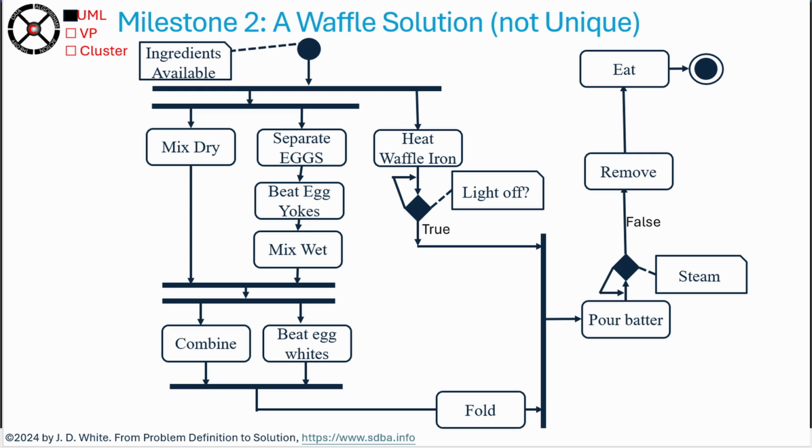Okay. Need this arrow again. And if I keep going, it's got to be a false. Okay, if there's no steam, then I can keep going. If there is steam, it's a loop again.